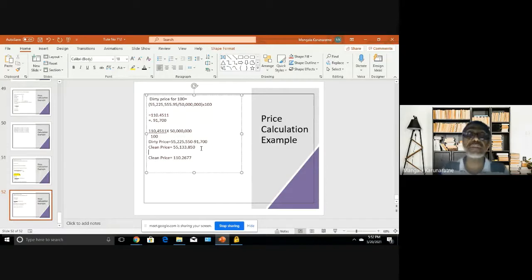So what we do is we take this 55,133,850 figure and divide it by 50 million.